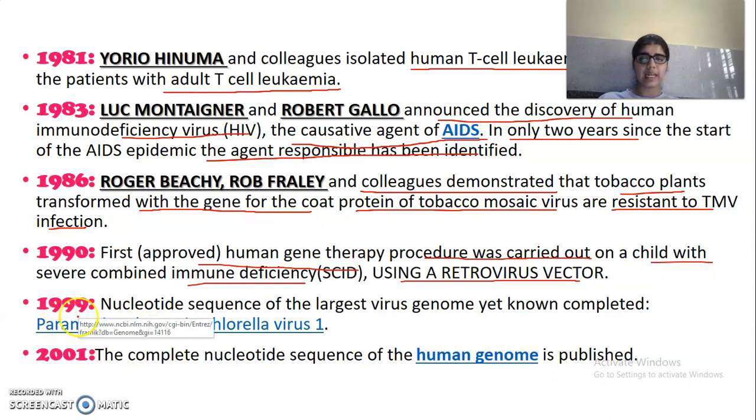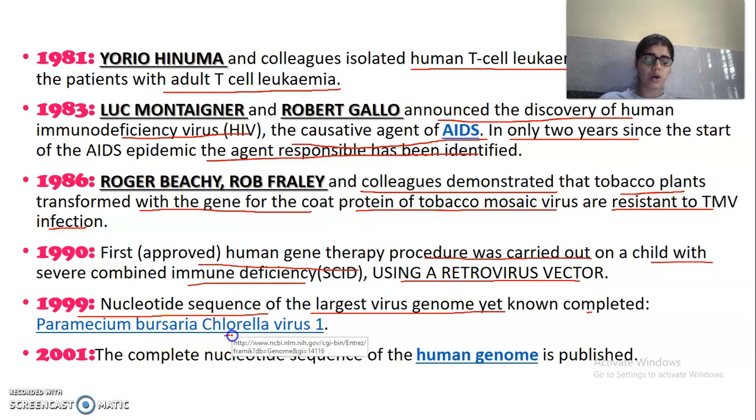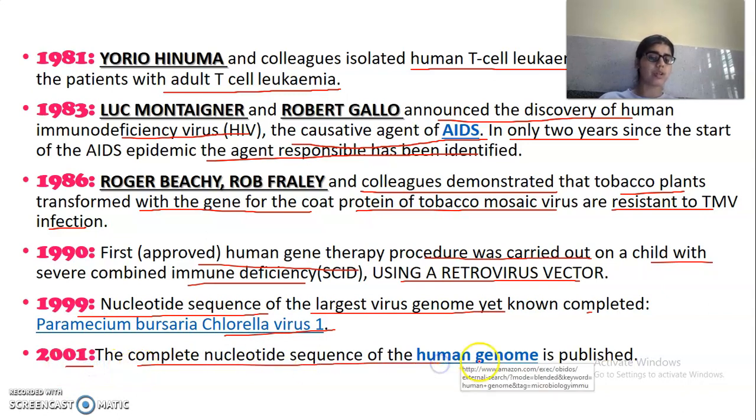In 1999, the nucleotide sequence of the largest viral genome yet known was completed, that is Paramecium bursaria chlorella virus 1. In 2001, the complete nucleotide sequence of the human genome was published.